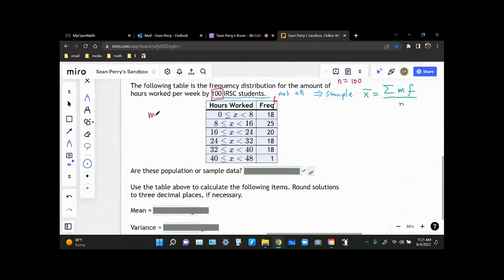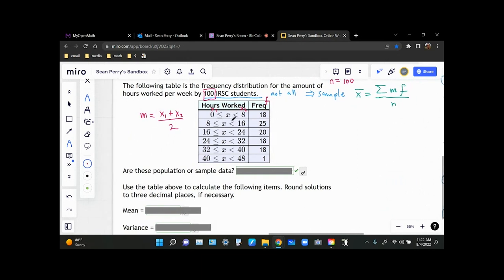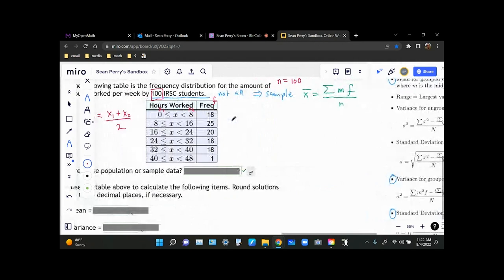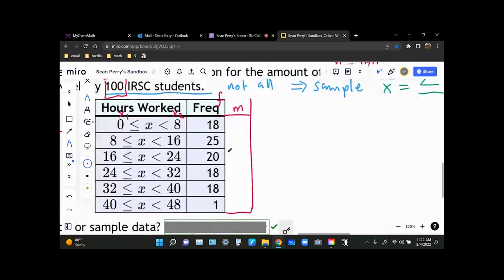So how do you calculate a midpoint? Calling these x1 and x2, that's just their average: x1 plus x2 divided by 2. You could think of this as a good guess for the representative value of this interval. So the first thing I'll do is extend this column to include m.